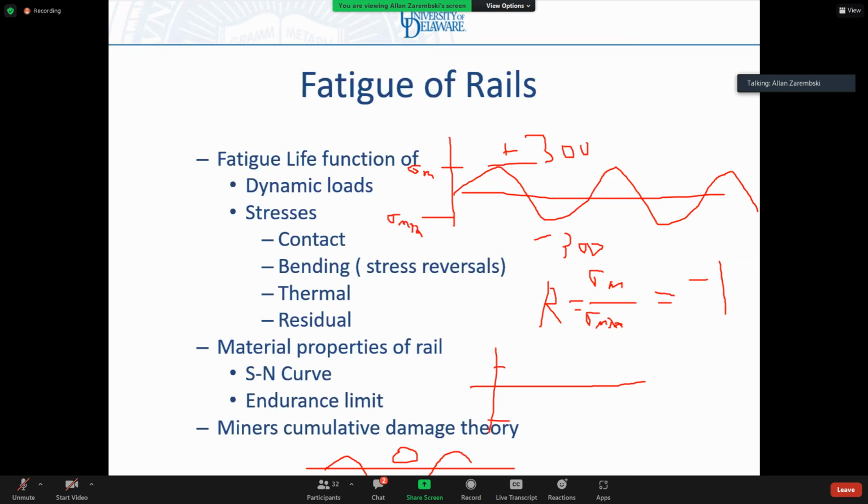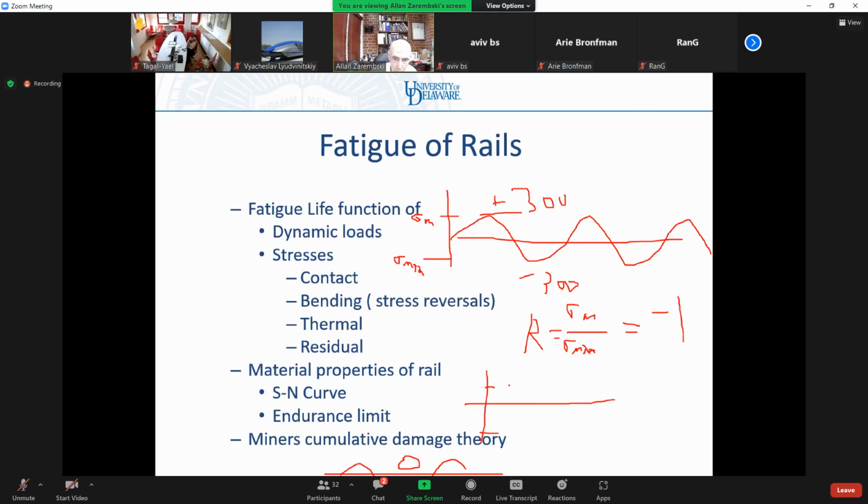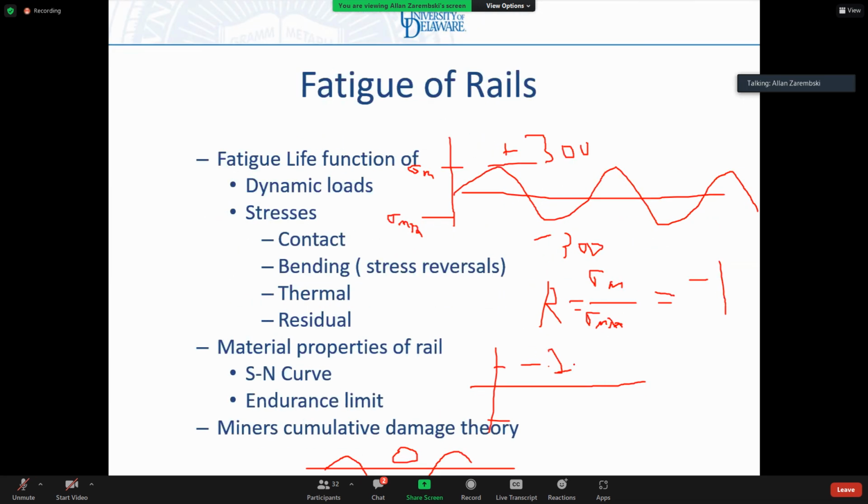So if I'm looking, for example, at the stress at the head of the rail, this is minus 0.2 m, and this is m, and my stress ratio is actually minus 0.2.